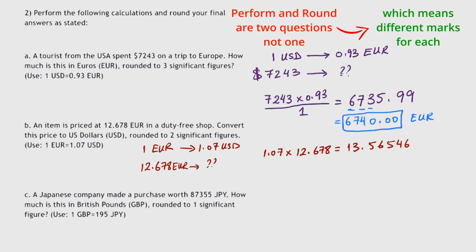And since we need to round to two significant figures, we're going to choose 1 and 3 only, and this will give us $14.00. Keep in mind that you can omit these zeros because they come after the decimal point, and this will give me $14.